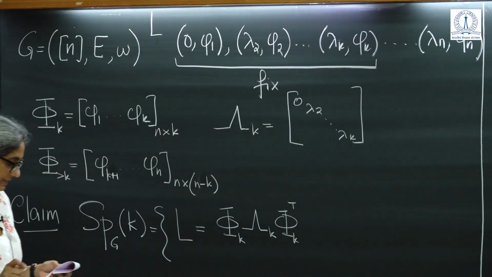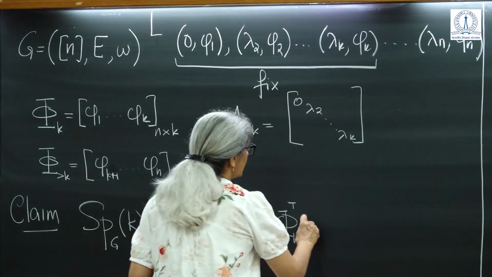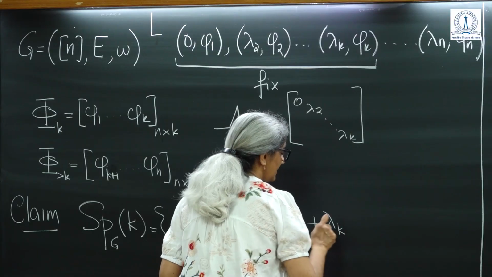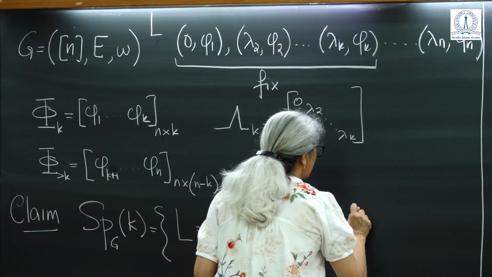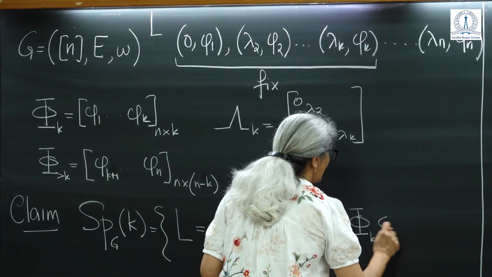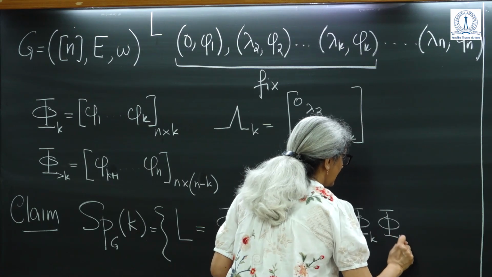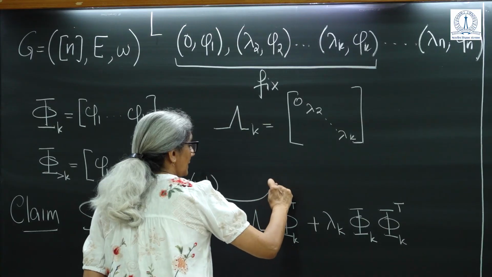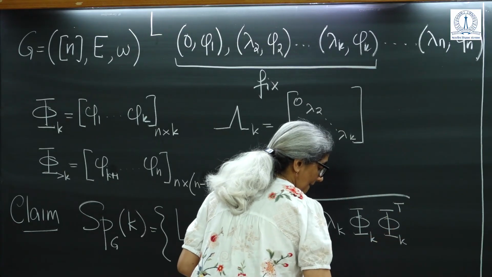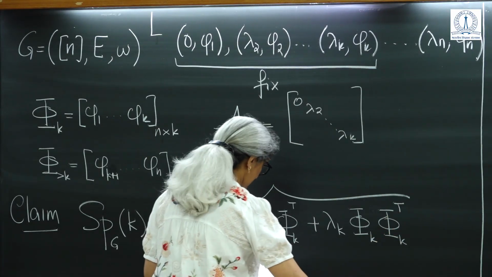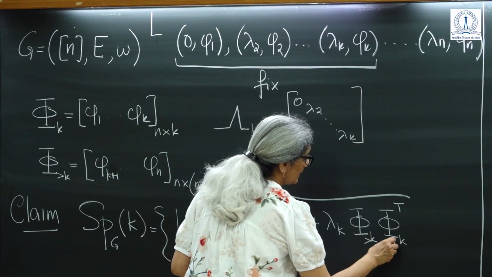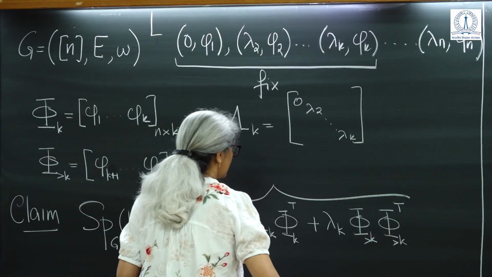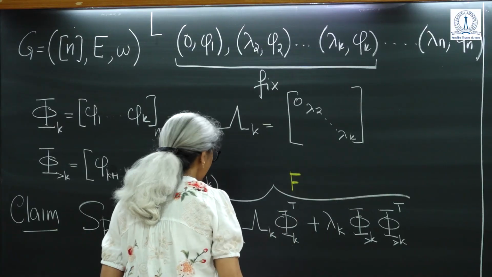Okay, so it'll have this piece, plus it'll have little lambda k, just the last eigenvector, times phi k transpose. So this much comes from the frozen part. So this is the fixed part, so we'll call it f.